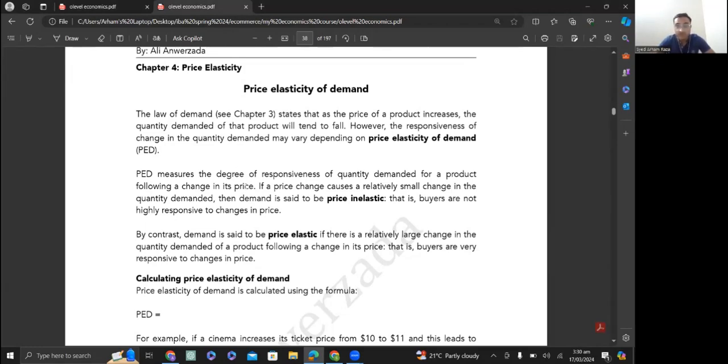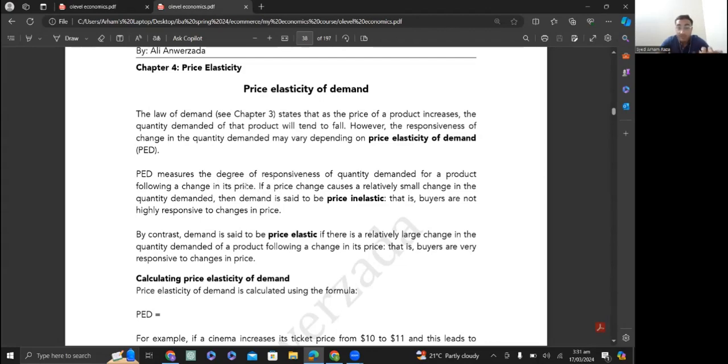Earlier we discussed that the law of demand states that when you decrease the price of the product, its quantity demanded will increase, and when you increase the price of the product, its quantity demanded will decrease. Now here we will discuss the responsiveness of this change: if you increase the price of the product, by how much will the quantity demanded fall, and vice versa, if you decrease the price, how much will the quantity demanded increase.